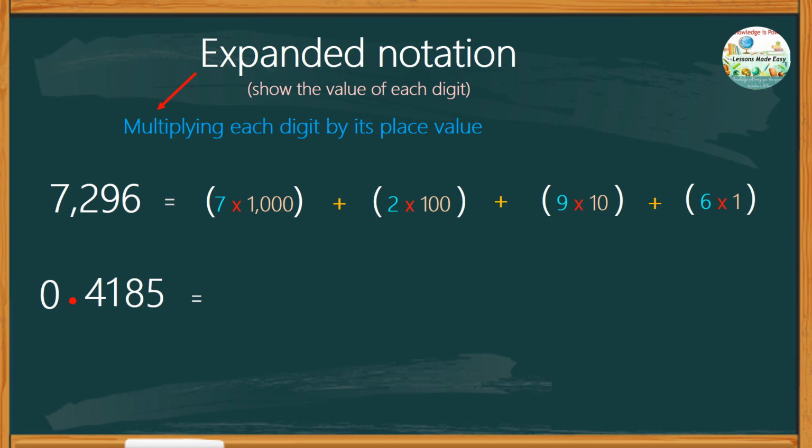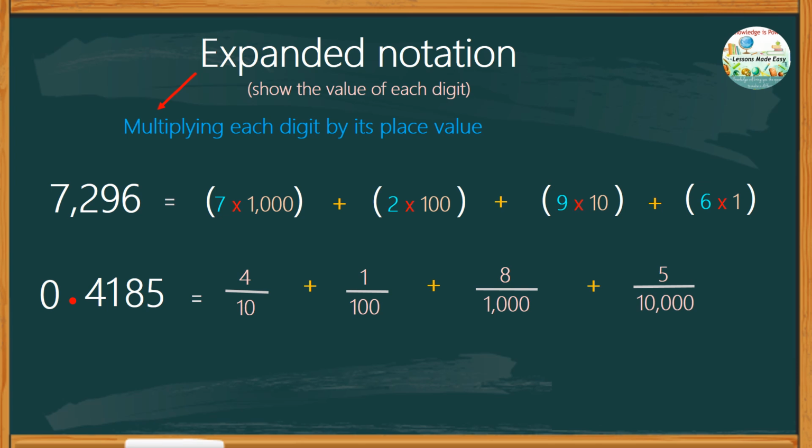So, to expand this decimal number, the first digit 4 will be expressed as a fraction with a denominator of 10, plus the next digit 1 expressed as a fraction with a denominator of 100, plus 8 over 1,000 and 5 over 10,000. Notice that the denominators are powers of 10.